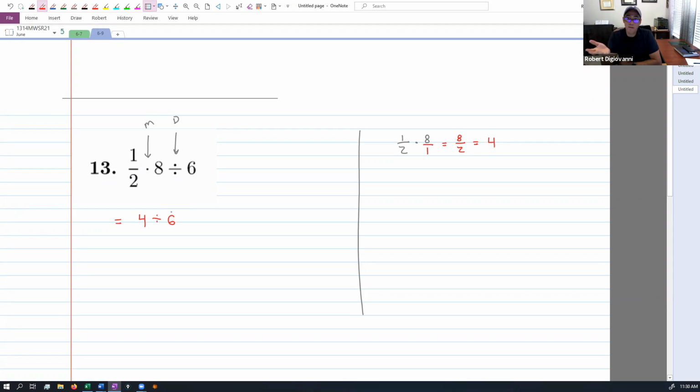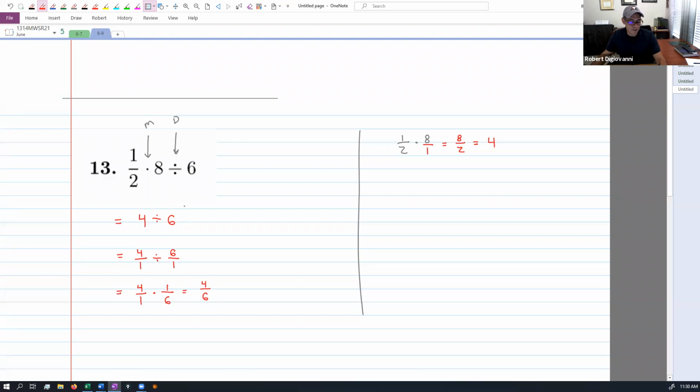So I'm going to try and convert these into fractions so I can do the keep dot flip. So I'm going to rewrite 4 as 4 over 1 divided by 6 over 1. And then I'm going to do keep dot flip. So keep it as 4 over 1, dot, flip it, 1 over 6. And now multiply straight across. 4 times 1 is 4, and 1 times 6 is 6.